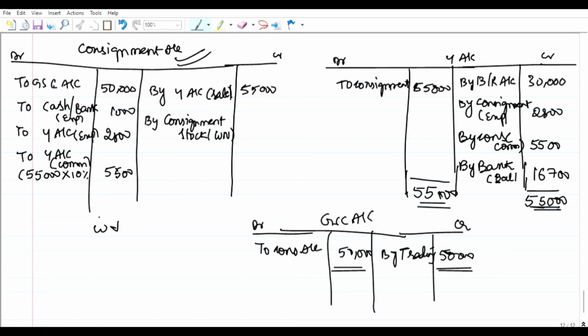It is 1/5 of the total, so we have the value of total 5/5. That means total of 50,000 goods. So unsold goods worth would be 50,000 by 5, which would be 10,000 rupees. First, cost of goods unsold is 10,000 rupees, right?